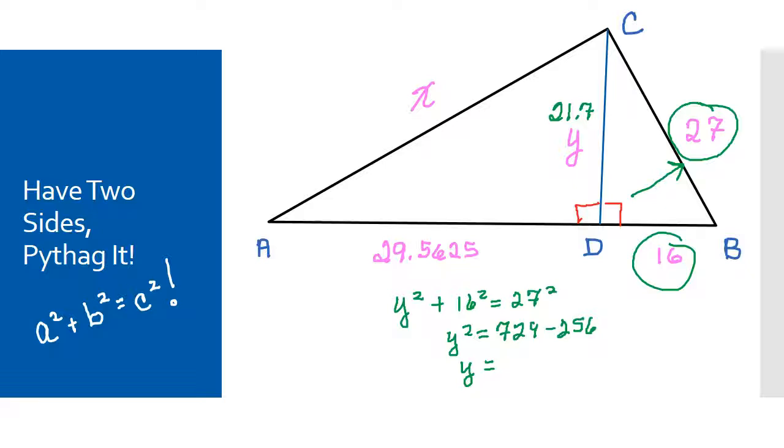And we see that that makes sense. We talked about this in class, making sense that our two legs are a smaller value than our hypotenuse, the 27 here. All right, so now we're going to go find x because we have two sides again.